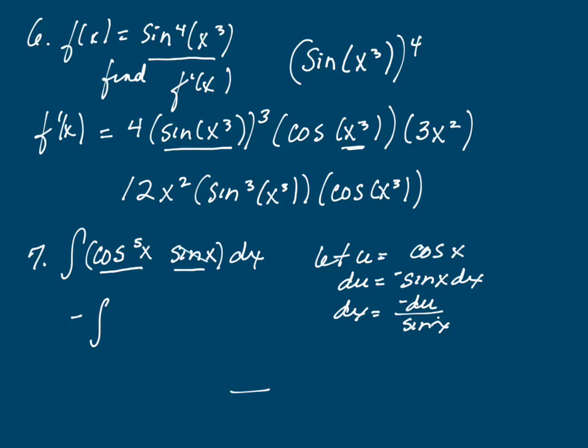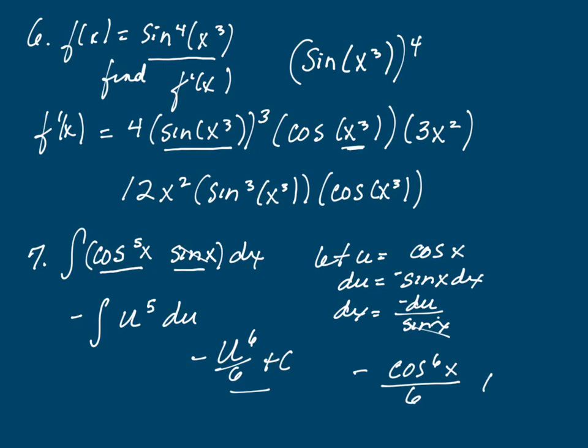The sine x's would cross out, and you have u to the 5th du. And u to the 5th du is u to the 6 over 6. So we have negative u to the 6 over 6 plus c. Putting u back in, negative cosine x to the 6th power, over 6 plus c.